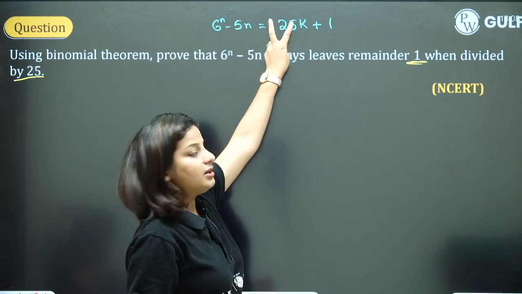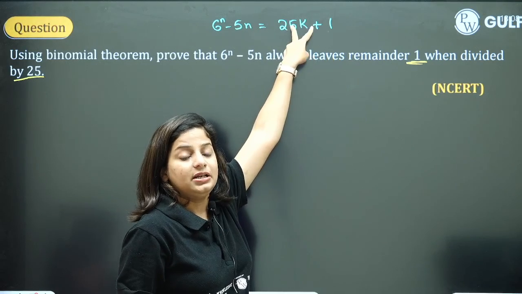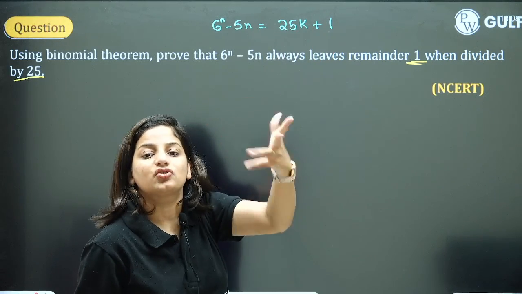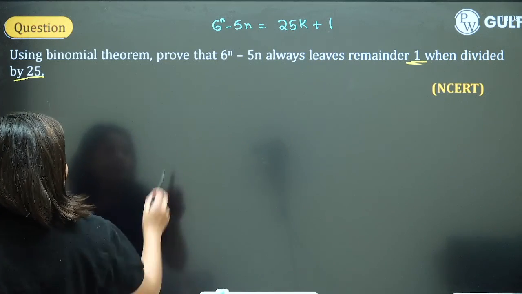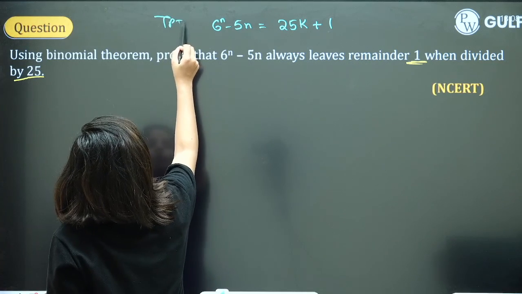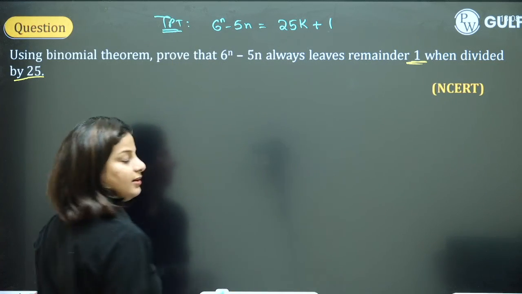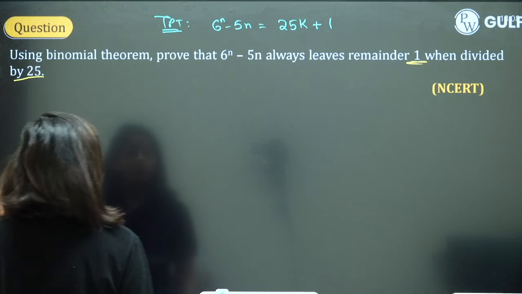It's a multiple of 25 and there is 1 extra left. That 1 is the remainder. So this is what we have to prove in general. And how should we do it?